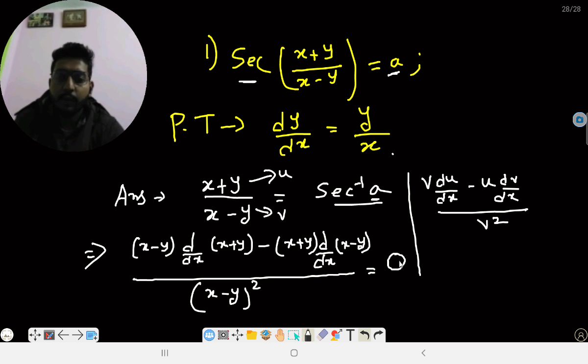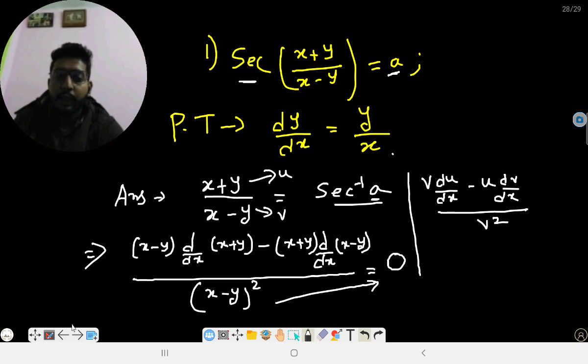Now in the denominator we can see there is (x minus y) whole square. Now if it goes there, it will become 0. So what will be the result? Then it will be (x minus y) into, now look, we have to differentiate x plus y with respect to x. So differentiation of x will be 1 and differentiation of y will be dy/dx.